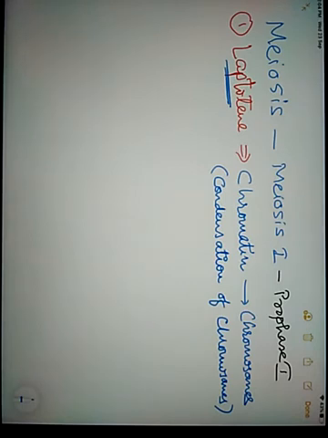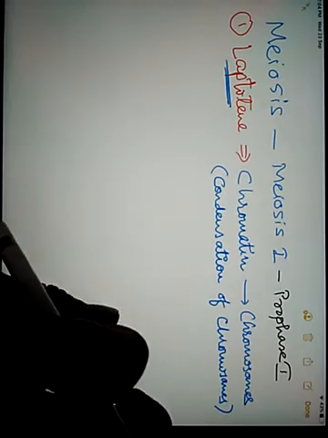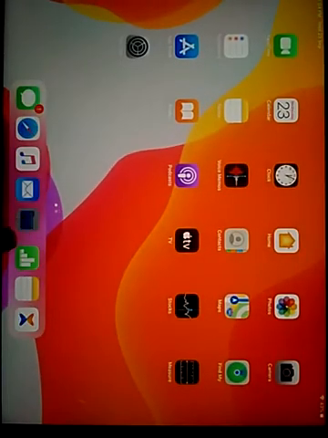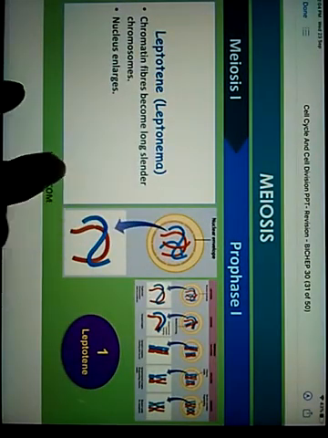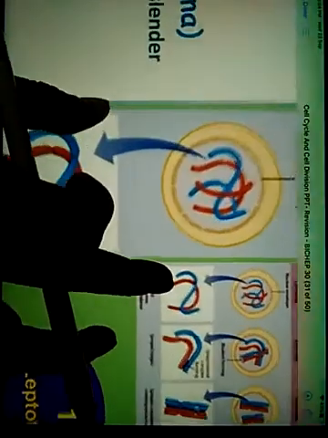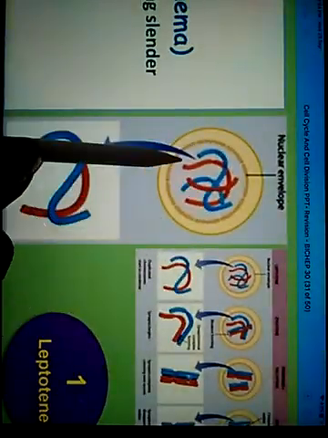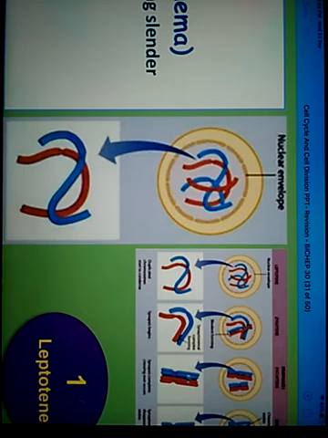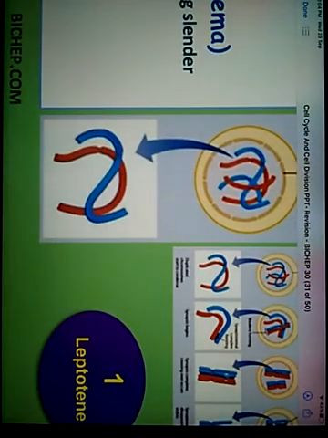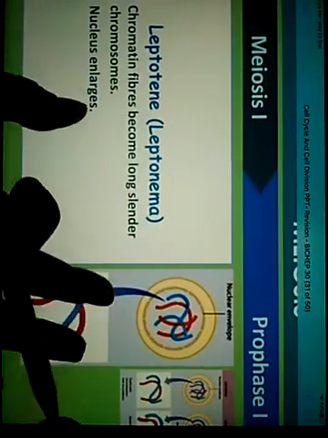Only condensation of the chromosome and nothing else. Ready? So if you see the diagram here, you can clearly see that only one thing is happening in the center, and that is condensation of the chromosome. Fine. So this is the first thing.